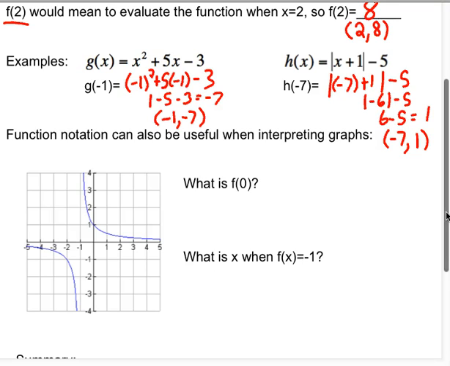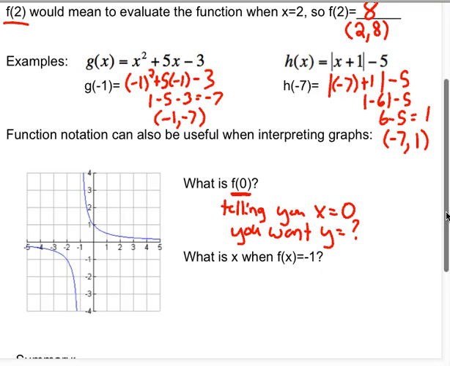All right, so we can also apply this notation when we're looking graphically. Okay, that's going to be another skill that I want you to be pretty fluent in. So if I ask you, what is f of 0? Okay, so basically that's telling you x is 0 and you want what y equals, okay?